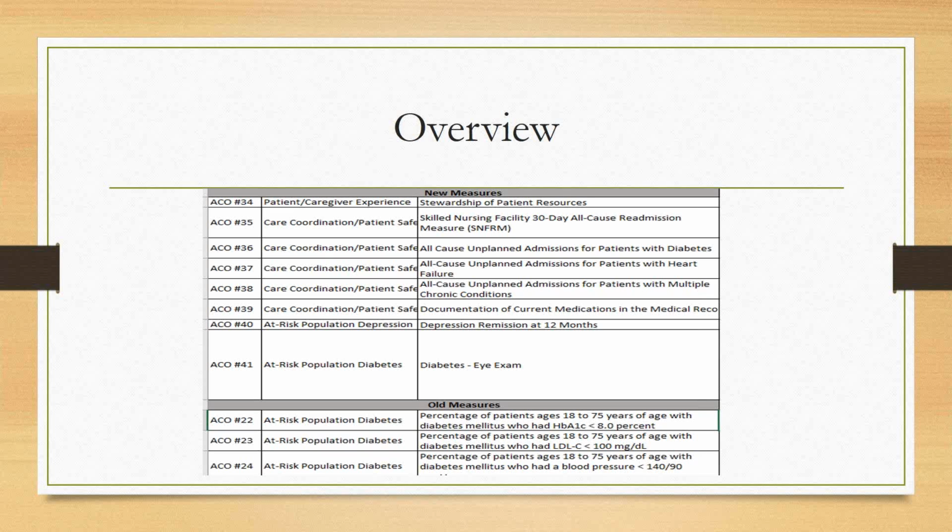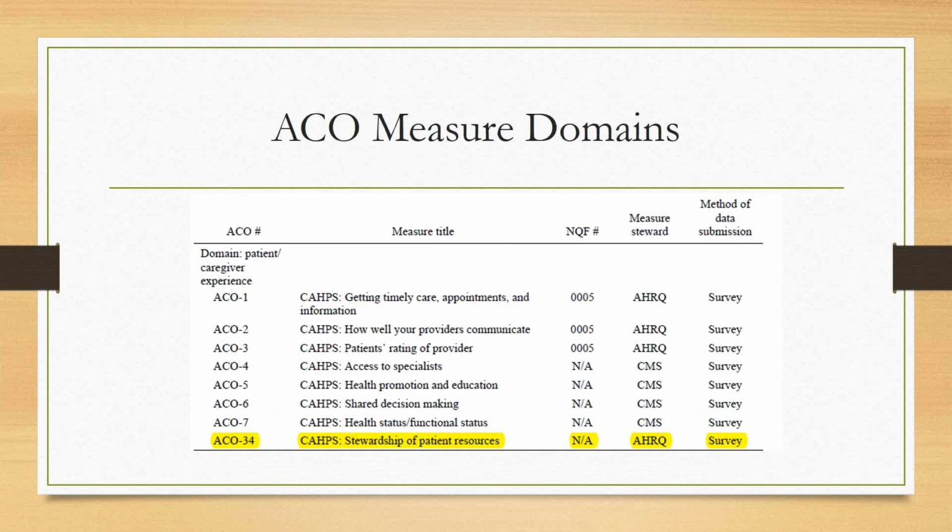What CMS does is basically they just add the measures to the end, and then the old measures, numbers 22, 23, and 24, went away, and that was part of the old diabetes composite. So we now have another 8, I believe it was 8 measures that are added on and 3 that were removed. Next slide, please.